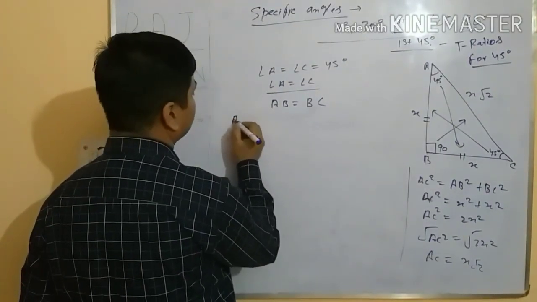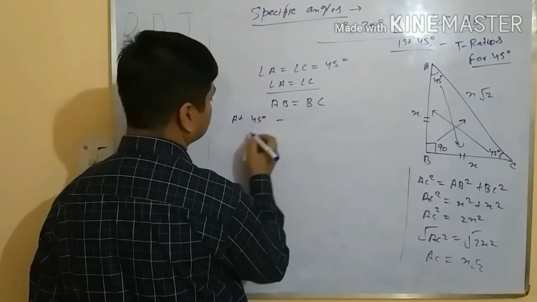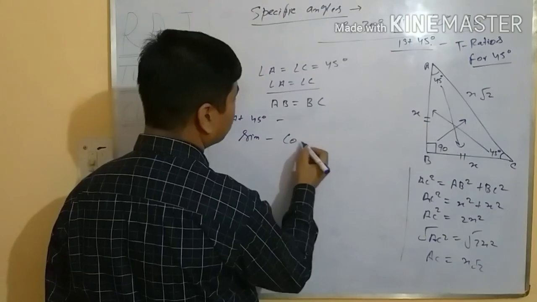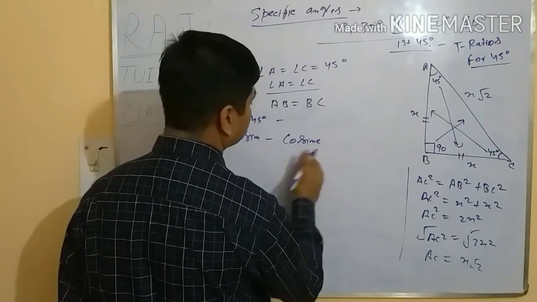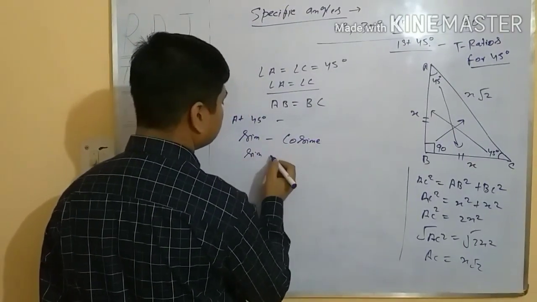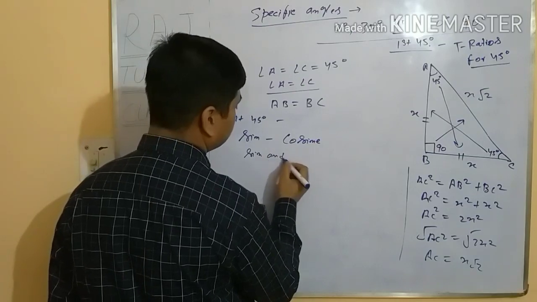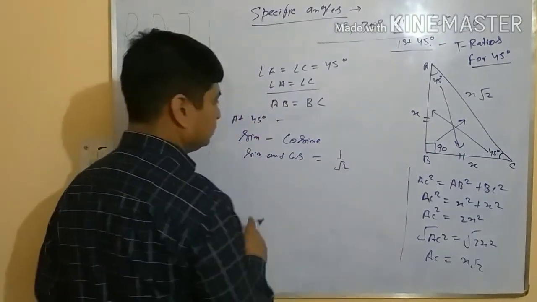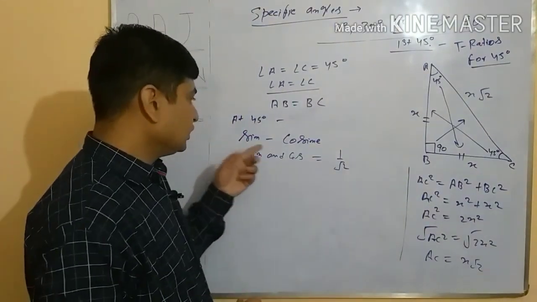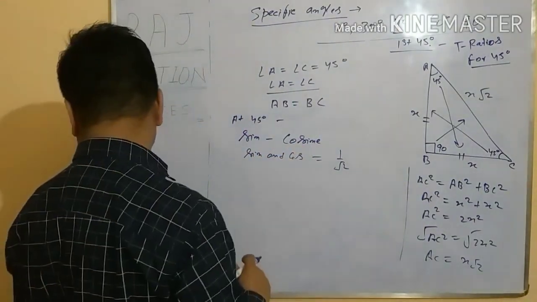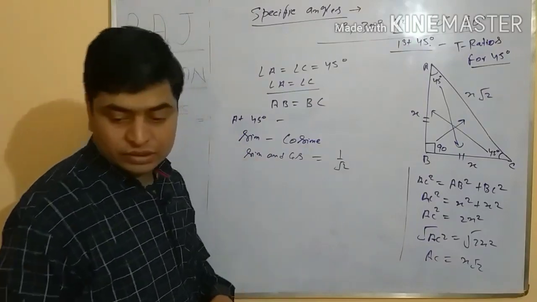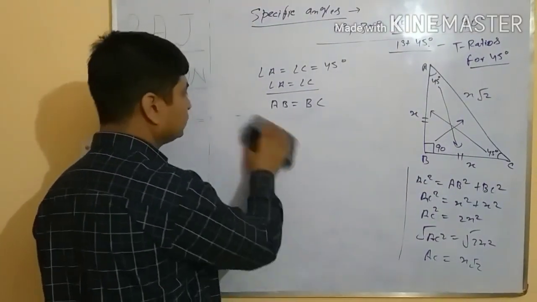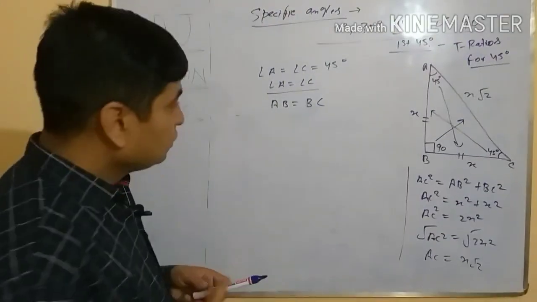So at 45 degree, sine and cos have a value of 1 upon root 2. The function and the co-function have the same value here.